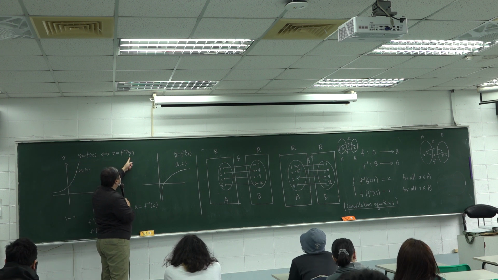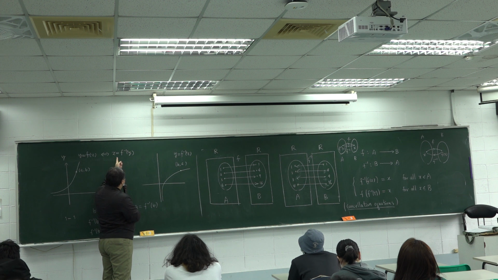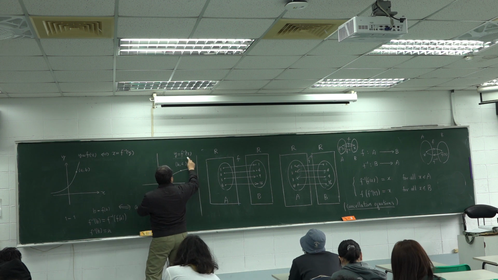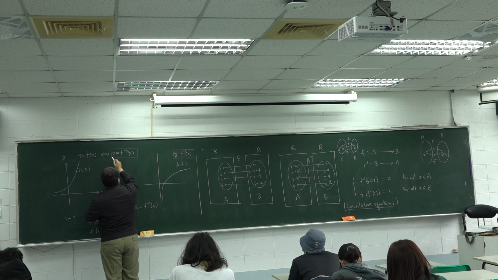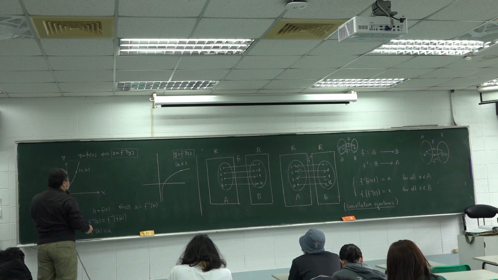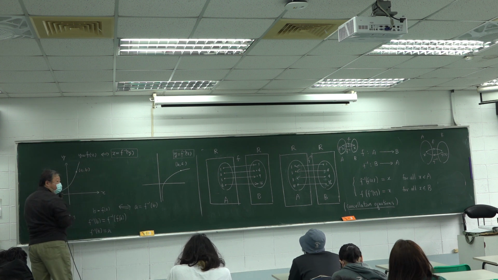If we use x as independent variable and y as dependent variable, then the relationship between this point and this point is just to interchange these two numbers.